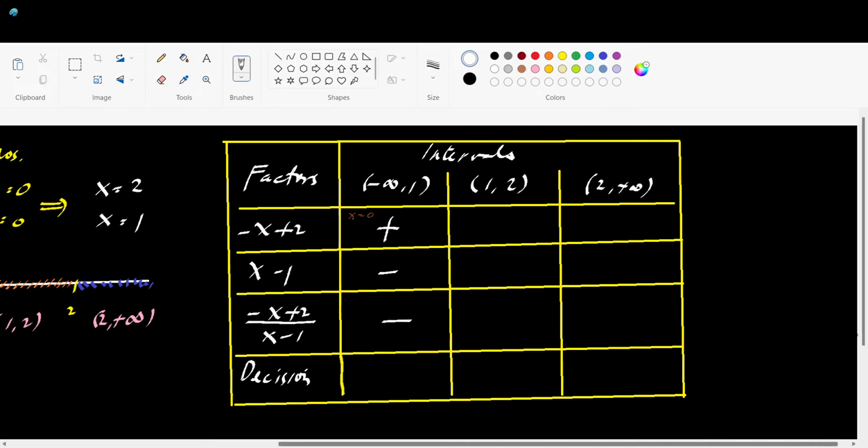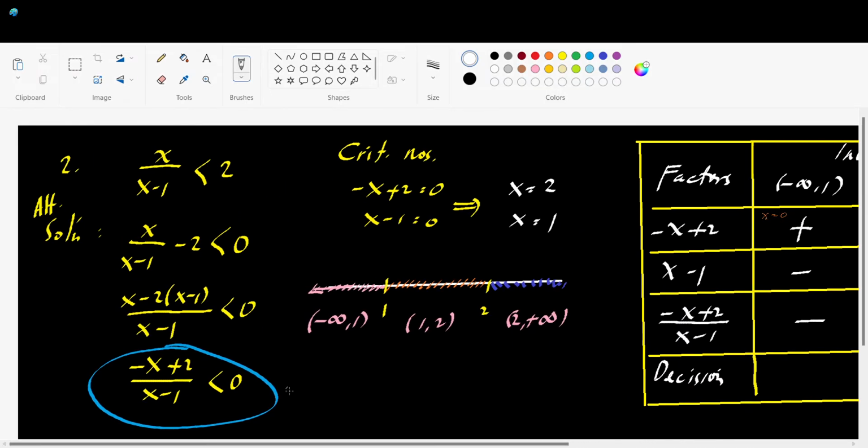We go back to our inequality here. Negative x plus 2 over x minus 1 when x is 0 is negative. Is it true that it is less than 0?